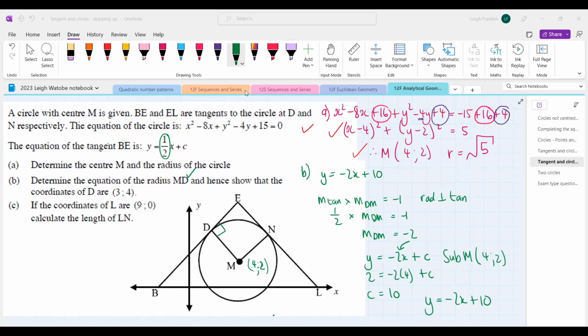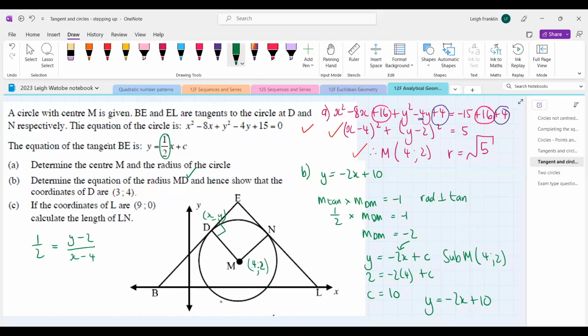Okay, so if you use the gradient method, what you would have done in that case is you would have said that the gradient of line BE is 1/2. You don't know the coordinates at D, it's X and Y. So we would have ended up with Y minus 2 at the top, and at the bottom X minus 4.